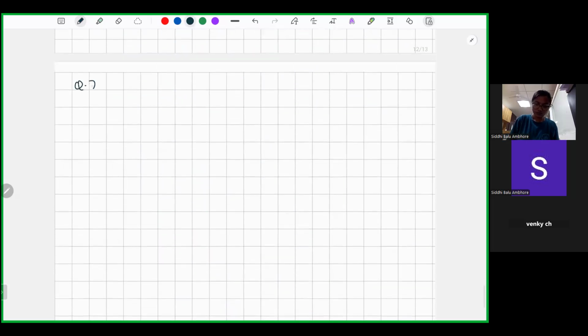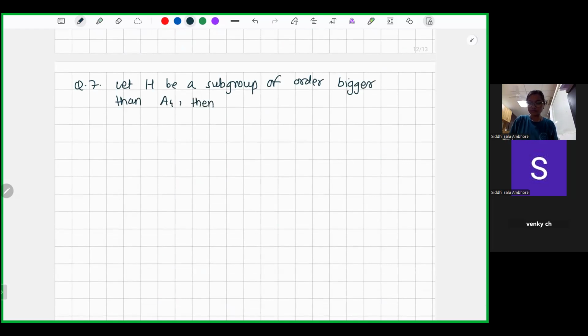This question 7 here: let H be a subgroup of order bigger than 4 in A4, then H is equal to A4.